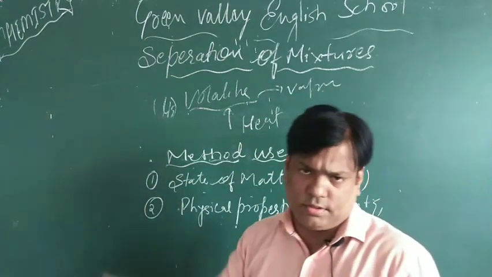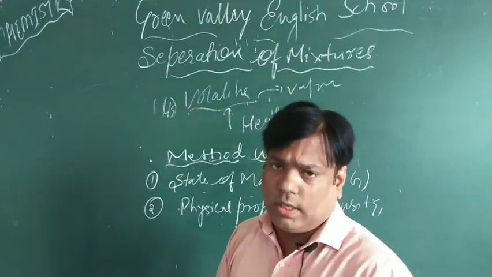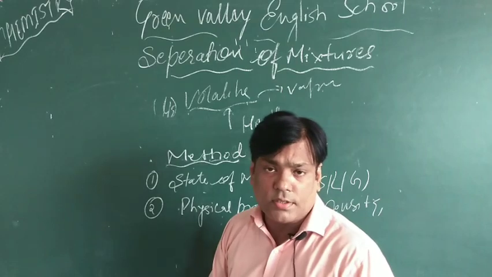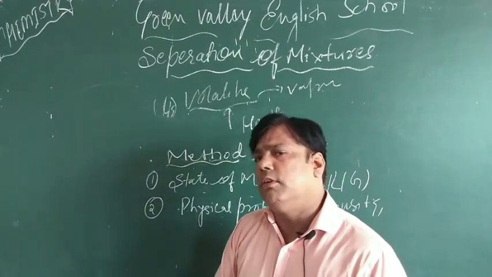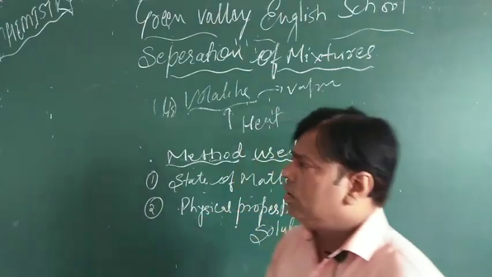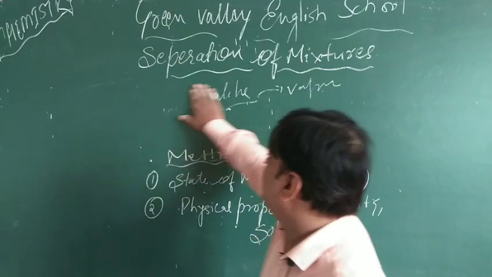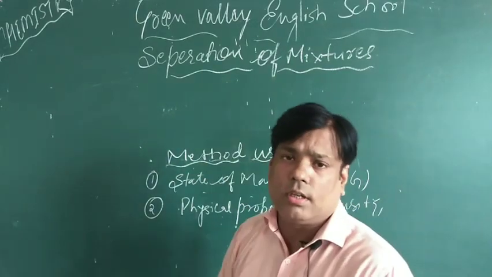That is volatile nature. So whether a compound in the mixture is volatile or not is another physical property. And one more is sublimation. Whether the compound sublimates on heating or not is also a property.